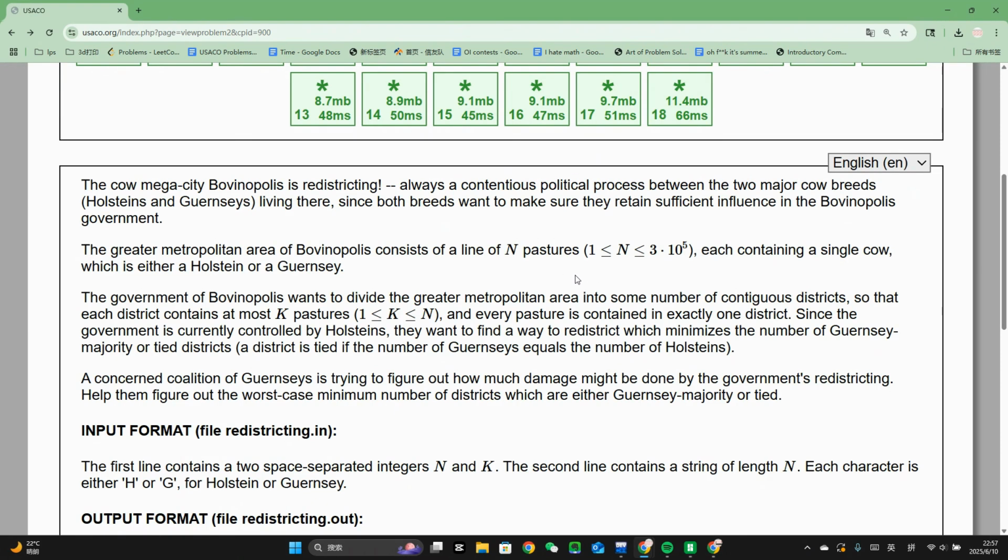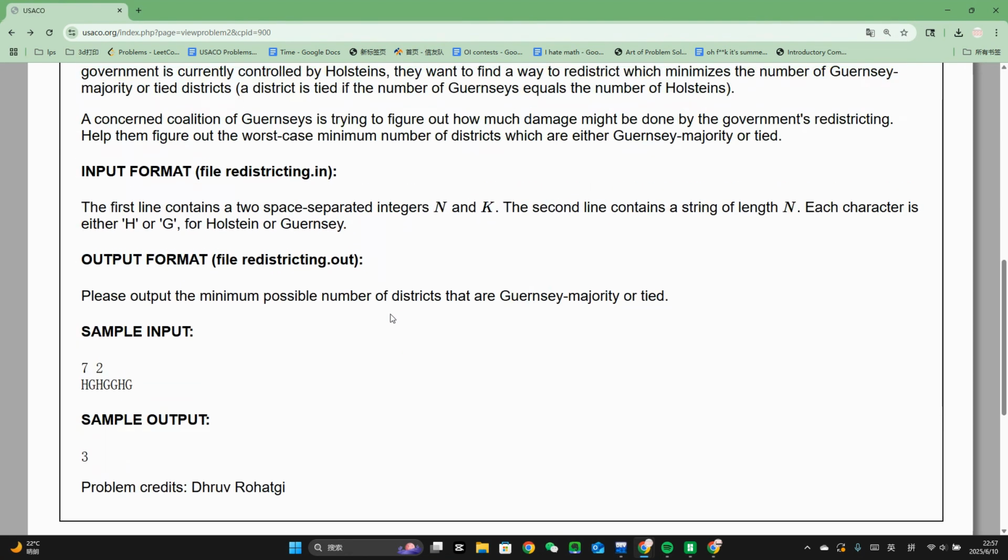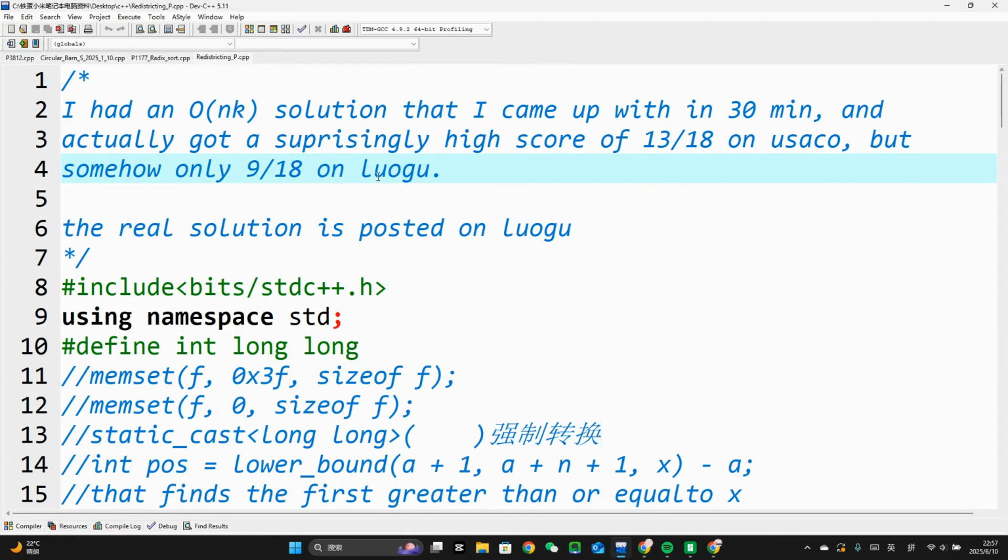Okay, anyways, first of all, this problem, despite being very real life and gerrymandering and stuff, gives off a really strong DP vibe, right? So that's the first thing I tried, DP. Dynamic programming, F_i means the number of districts as far as the i-th spot which are tied or Guernsey majority. So, hold up, here's my code.